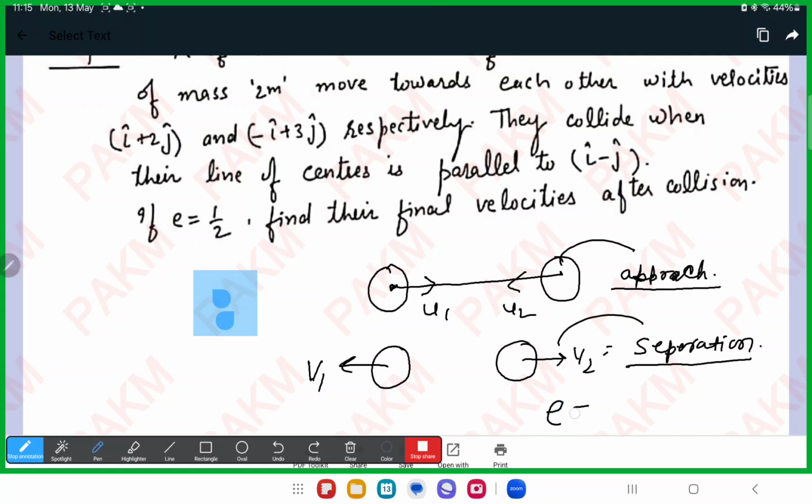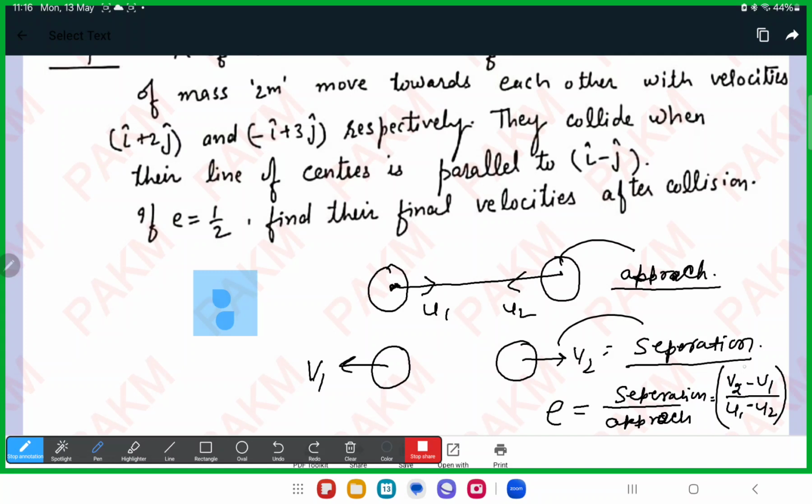So we can associate the velocity along the central line as velocity of approach upon velocity of separation. Usually it will be denoted by u1 minus u2 upon v2 minus v1.